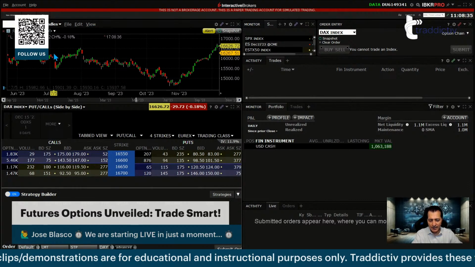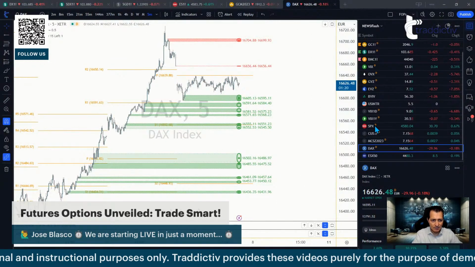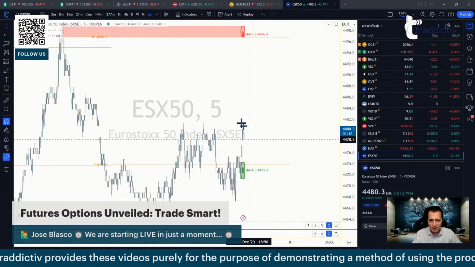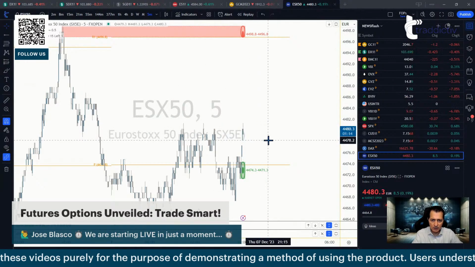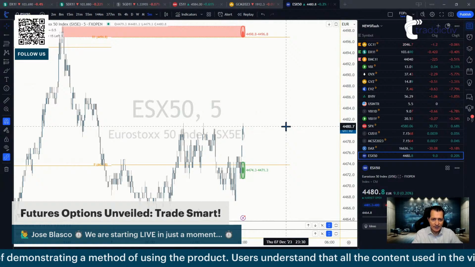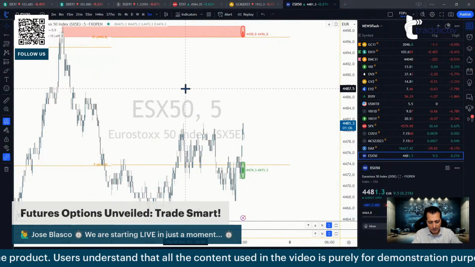So you know what, instead of looking at the DAX, let's look at the Euro Stoxx 50, which is another European index, also out of Eurex. So this is the Eurex Euro Stoxx 50 index. Okay, same story. Let me show you that properly.